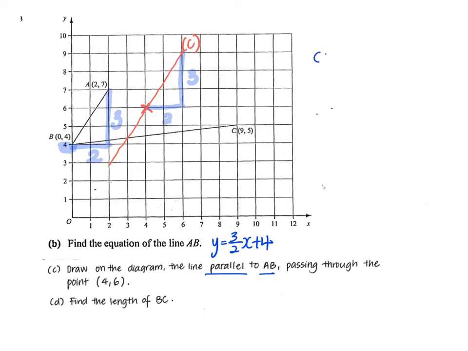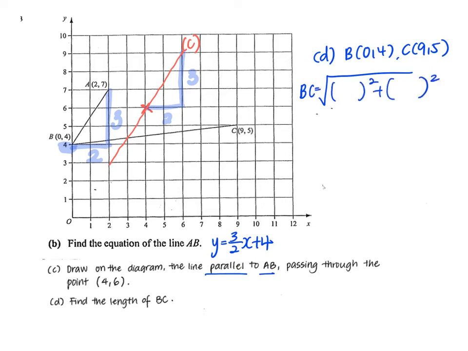Okay, now part D. Find the length of BC. B is 0, 4. C is 9, 5. So how do we find the length? We need to use Pythagoras theorem. So BC is equal to the square root of something squared plus something squared.